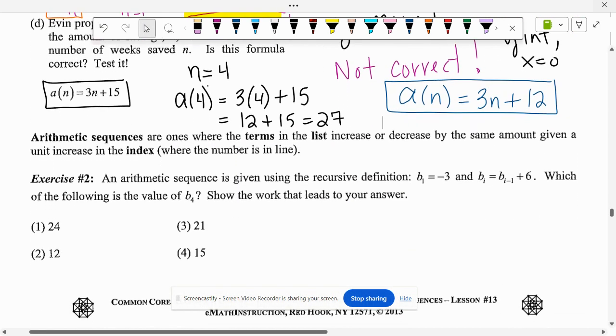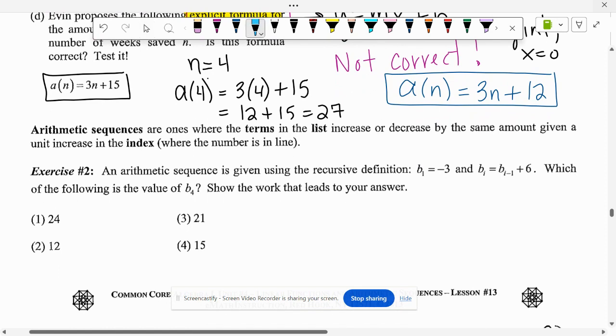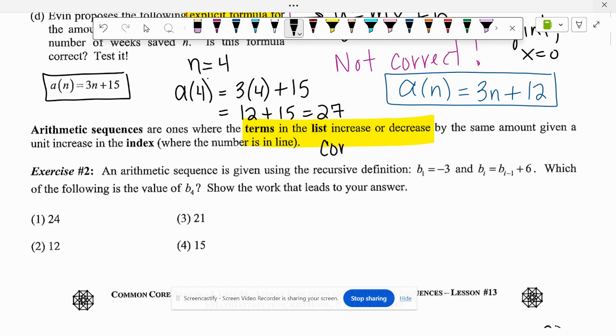So arithmetic sequences are the ones where the terms in the list increase or decrease by the same amount. So the terms in your list increase or decrease, just like a linear function. So they increase or decrease by the same amount. We actually call that amount a common difference. And it actually represents your slope when it's in the explicit form.